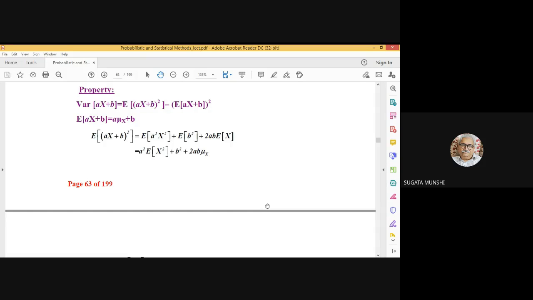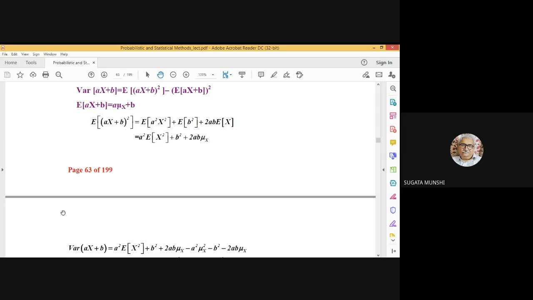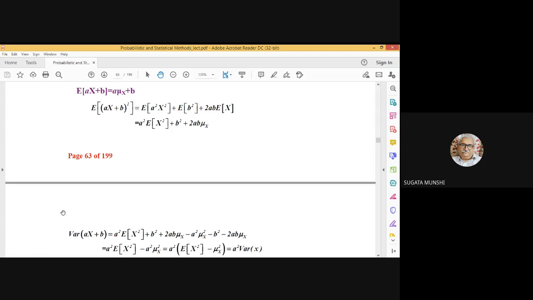Mu x means expectation of x. So if you square this term and subtract it from this mean square value expression obtained, I have done that here. So that is supposed to give you the variance of ax plus b.